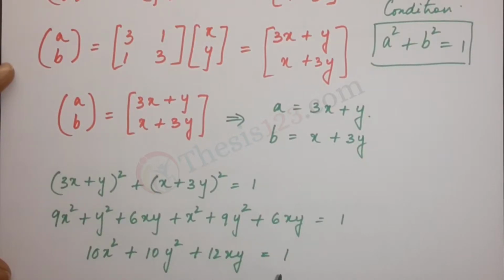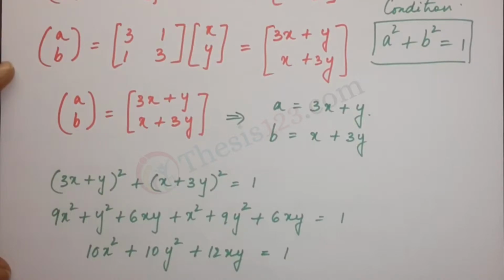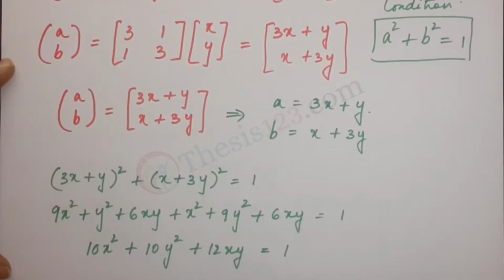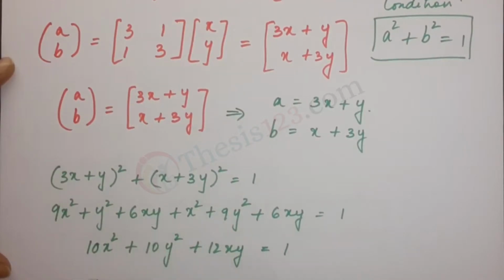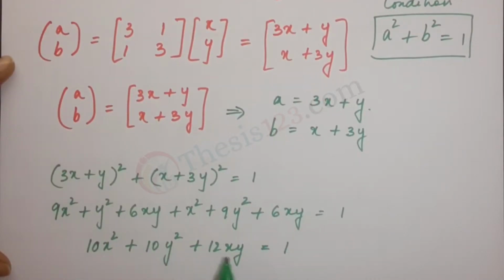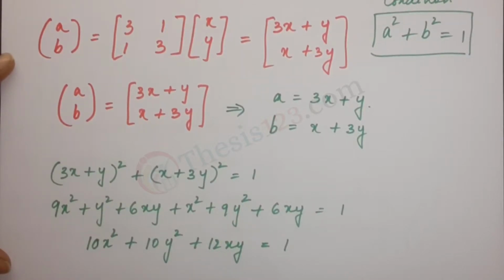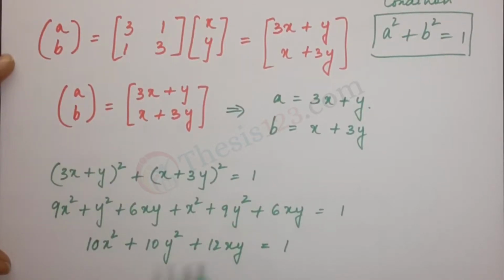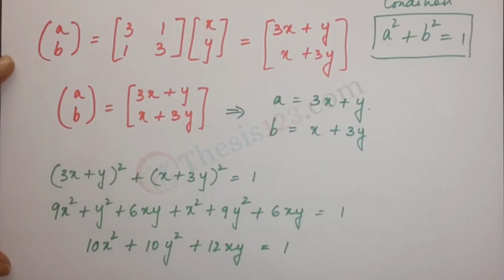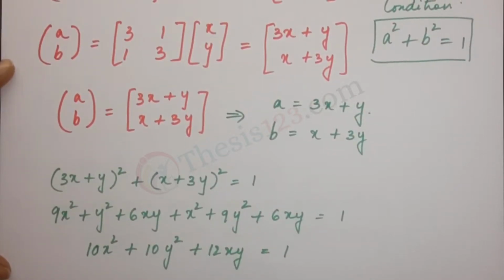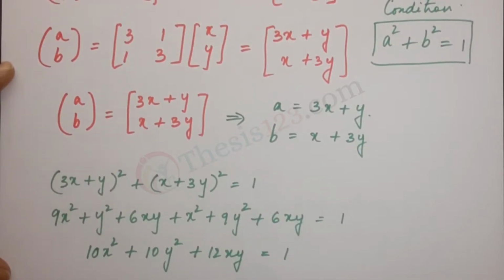Now this equation cannot be written in the standard form of a circle, which means that the circle rules out. It does not represent a circle, because we have here 10x square plus 10y square plus 12xy. We have an xy term, so we won't be able to split it in a way to get the standard form of a circle. I'm sure you're quite familiar with the standard form of a circle and the standard form of an ellipse.